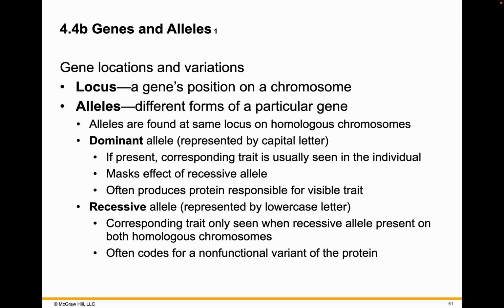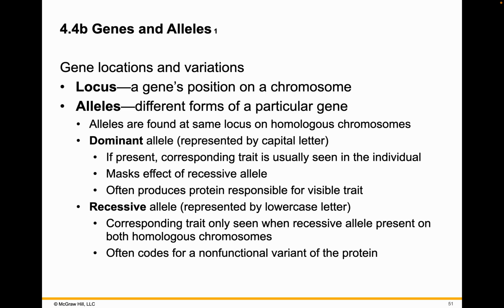More terminology. Genes are found at a position in the chromosome we refer to as its locus, or loci. Alleles are different forms of a particular gene. Alleles are found at the same locus on homologous chromosomes. Alleles can be a dominant allele, which we would represent with a capital letter. The trait would be seen.